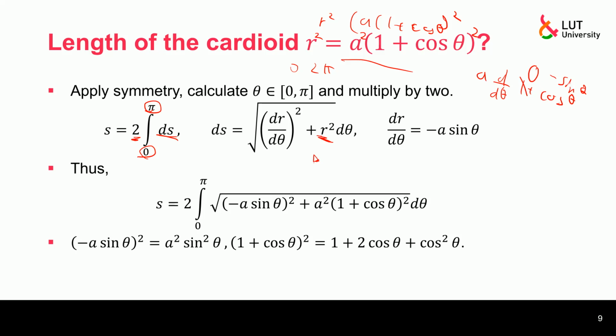Individually it goes like that. Over here, minus a times minus a is a squared, and then we get sine squared theta. We notice that we have a common term here, and this 1 plus cosine theta squared part is 1 plus 2 cosine theta plus cosine squared theta.